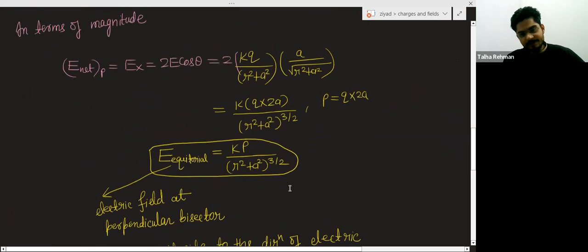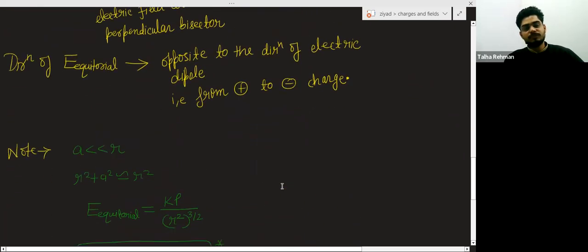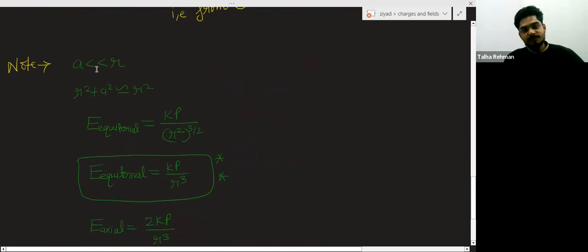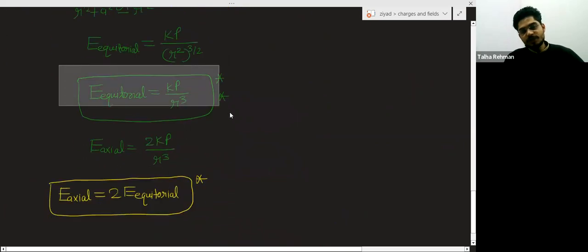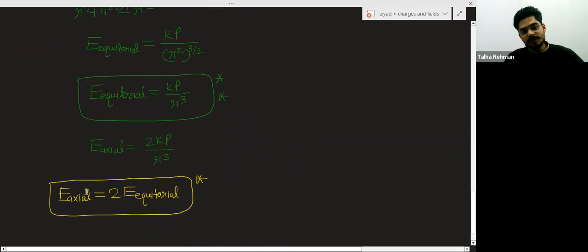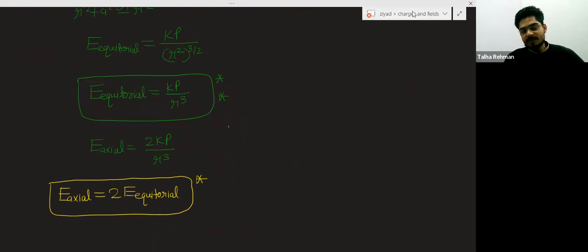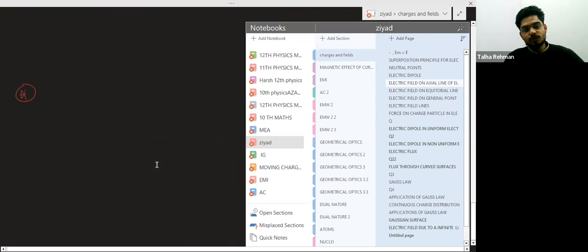So this formula you will get finally. And for the ideal dipole, R is much greater than A. So E equatorial you will get this Kp by R cube. Okay, and E axial you will get 2Kp by R cube.